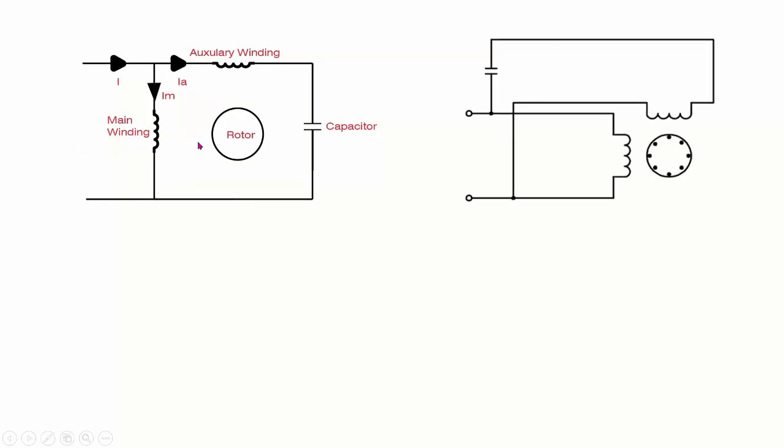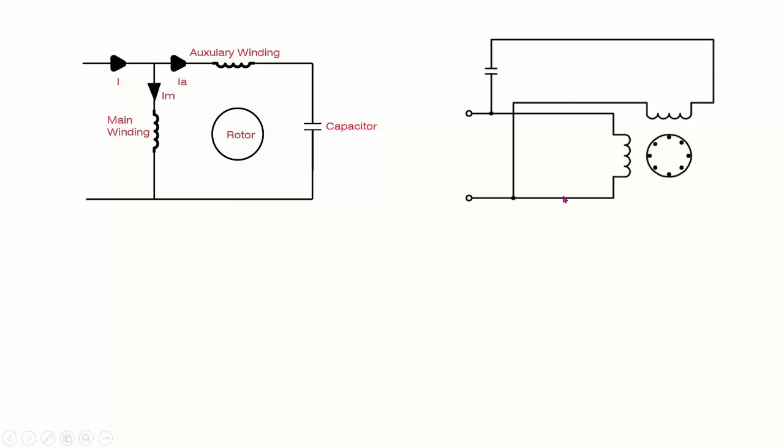But let's say I make the two windings in this manner, having the same supply, with only extra wires in the connections, but they still have the same supply. So this is the auxiliary winding, this is the main winding, this is the rotor, and here is the capacitor. So in fact, this is a capacitor run type induction motor.